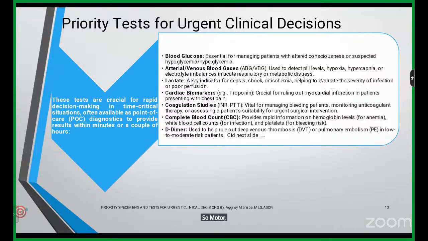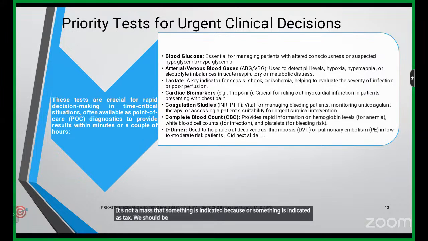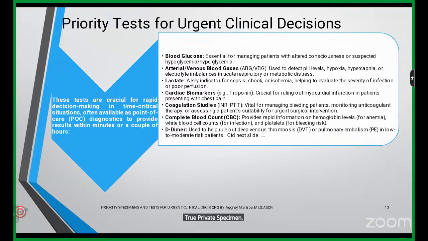It's not a must that something is indicated critical or stat. We should be quick and alert, with a lot of discretion, to triage specimens according to the needs that are there.